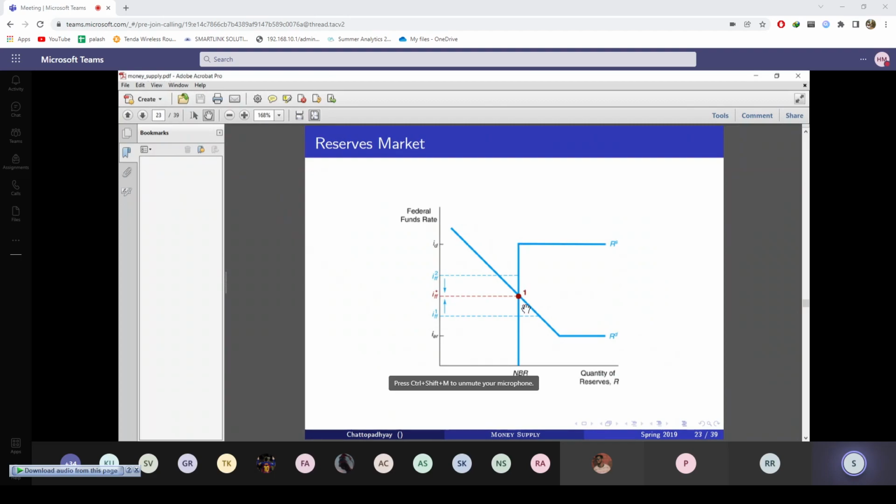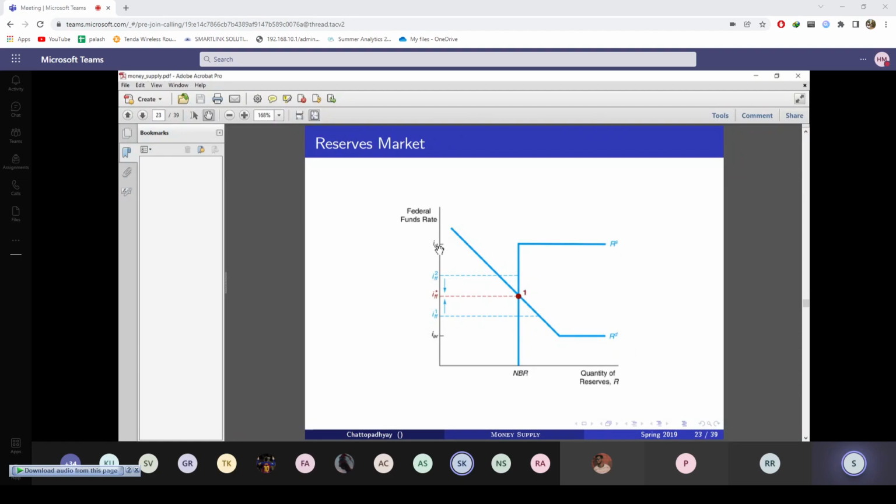What this supply curve says is that when your market clearing interest rate is below ID, you are not going to borrow any funds from the central bank. Why? Suppose ID is 10%. The central bank says, if you want to borrow from me, you have to give me an interest of 10%. And the market prevailing interest rate is something like 5%.